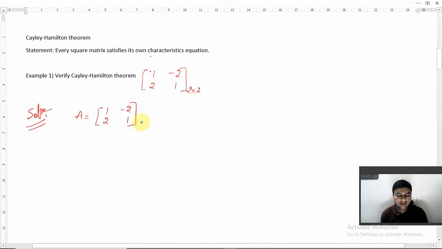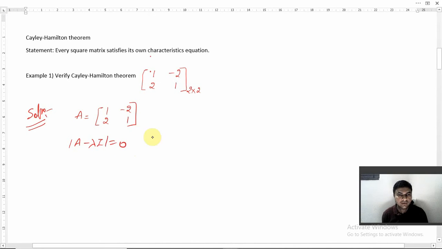I'll write the first characteristic equation. So how we are going to take the characteristic equation, friends? So this will be mod of A minus lambda I. So please take the mod of A minus lambda I is equal to 0.